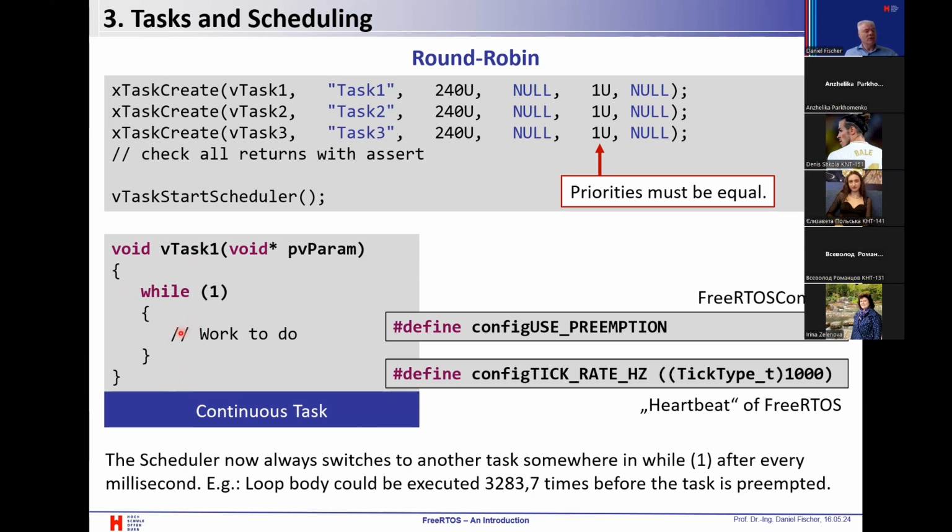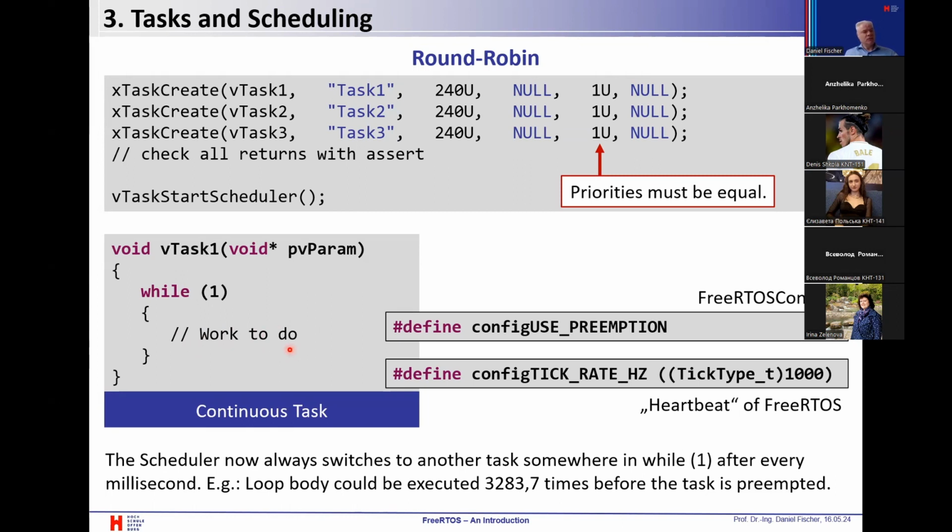This is very important to know, and later if the task becomes running again, it's restarted at that point. Here I have only a comment, work to do. Here you put normally your own code in it. This is what the task has to do, and I only put here a comment for this.